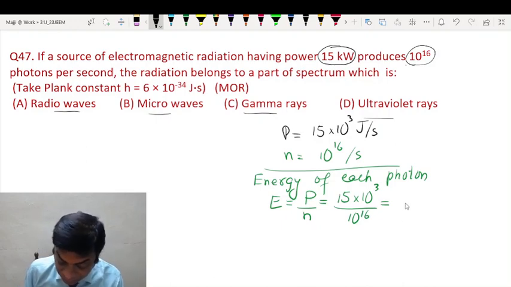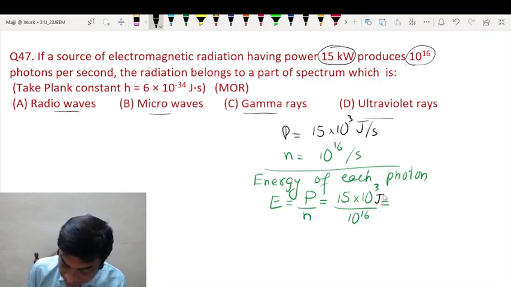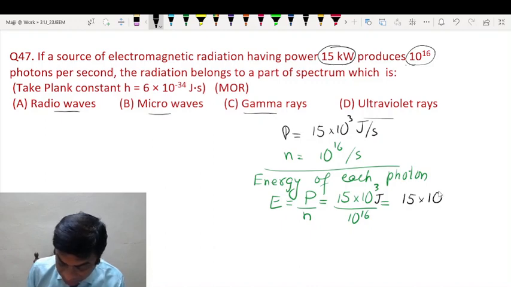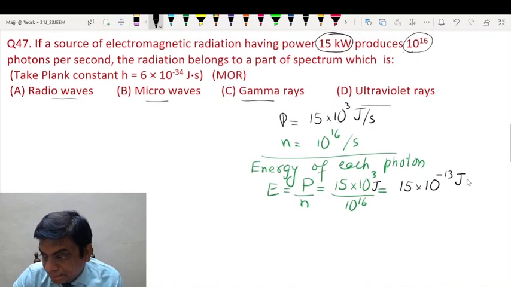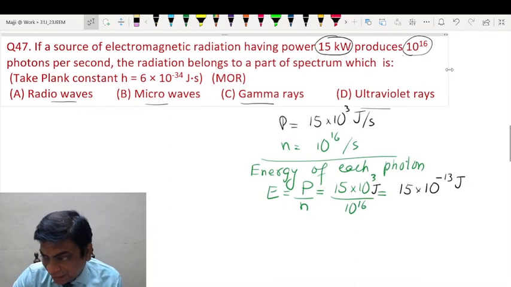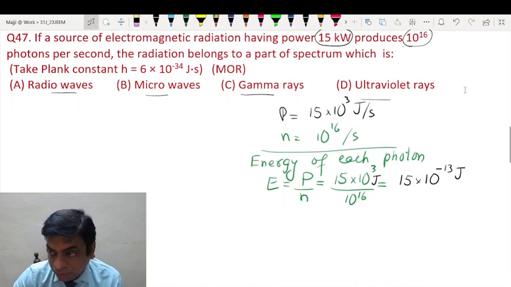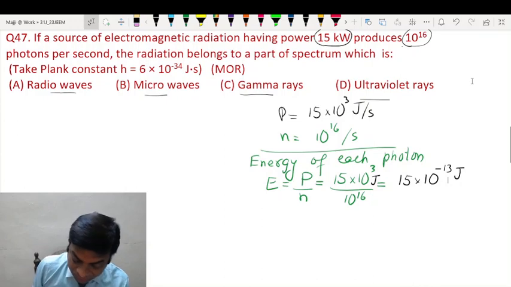Joule. So this is around 15 into 10 to the power minus 13 joule. Now let us express it in electron volt.